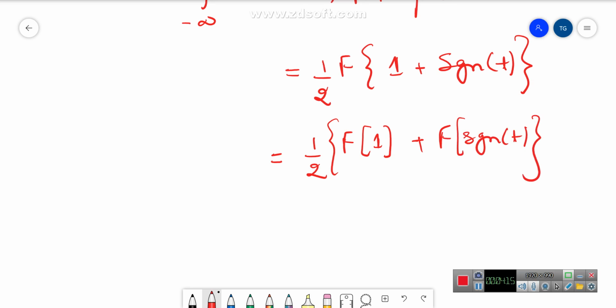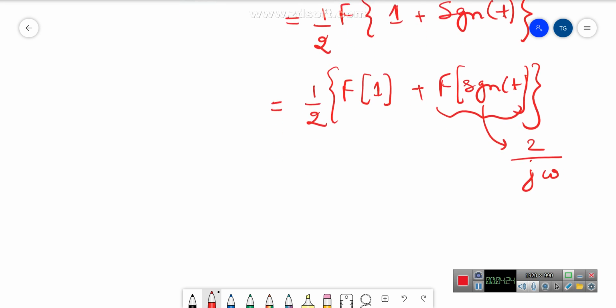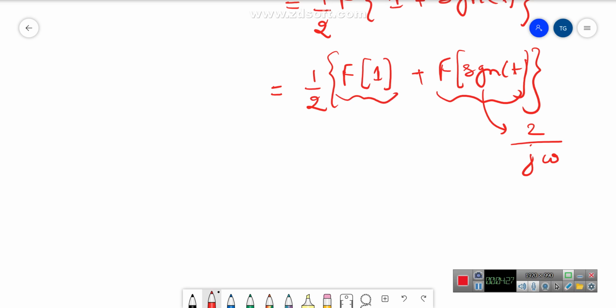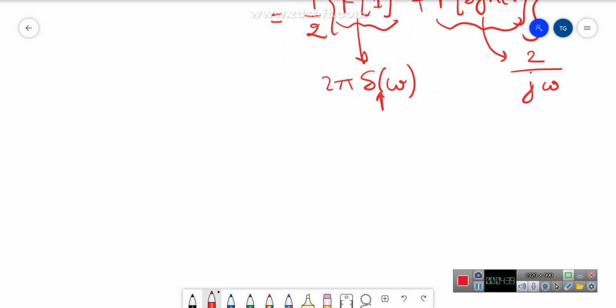We have calculated the Fourier transform of signum of t in our earlier video, that was equal to 2 by j omega. So we can just substitute this, and when we calculate the Fourier transform of 1, we get the value 2 pi delta of omega, that is the impulse function of omega.